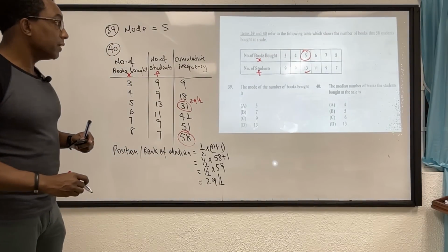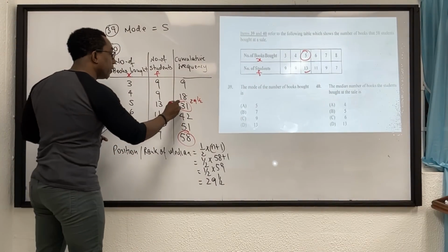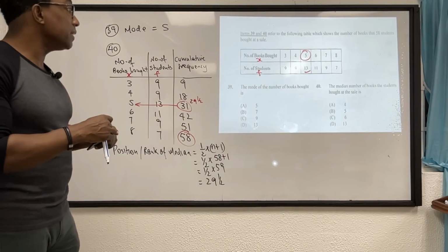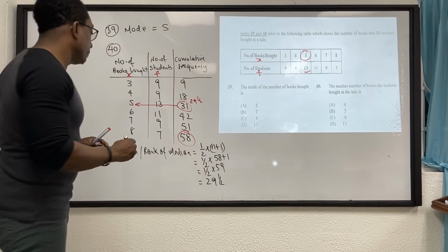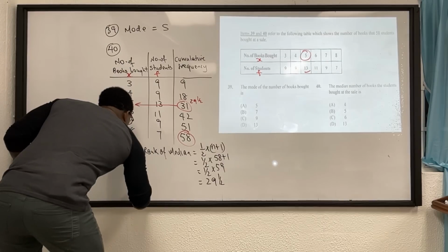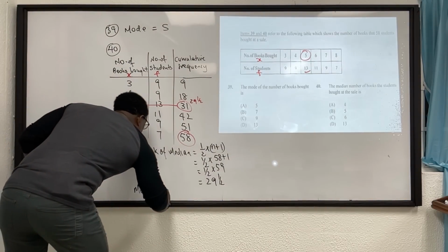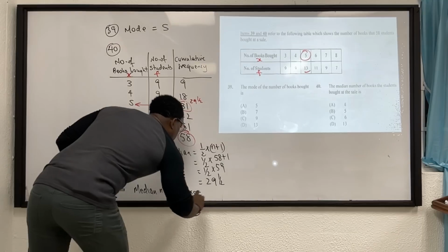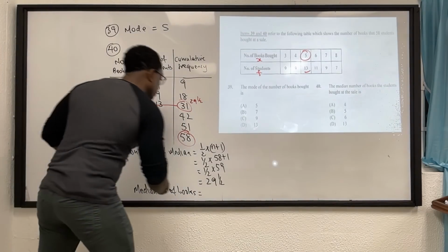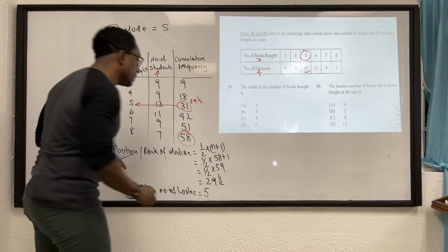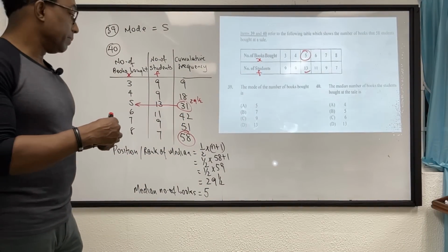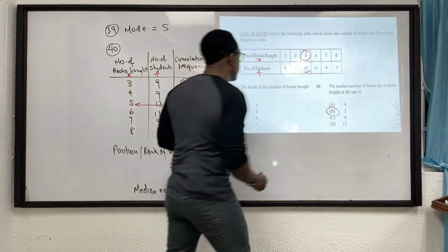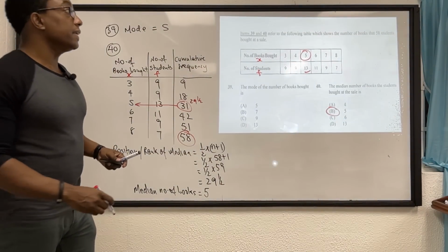And the 31st rank corresponds to the median, so our median number of books will be equal to 5 books. So the median number of books bought will be 5 books, whose answer is B. Alright, and don't forget for 39 the answer is E.